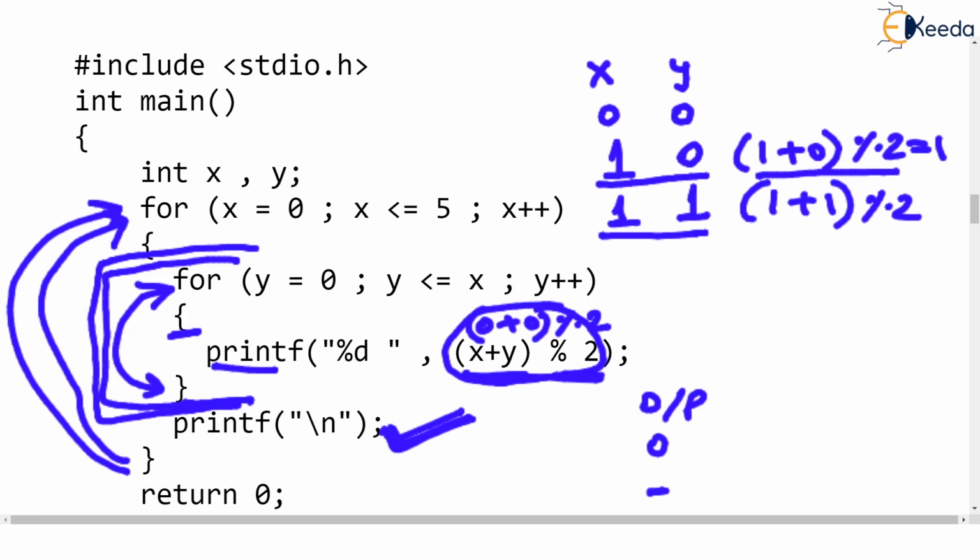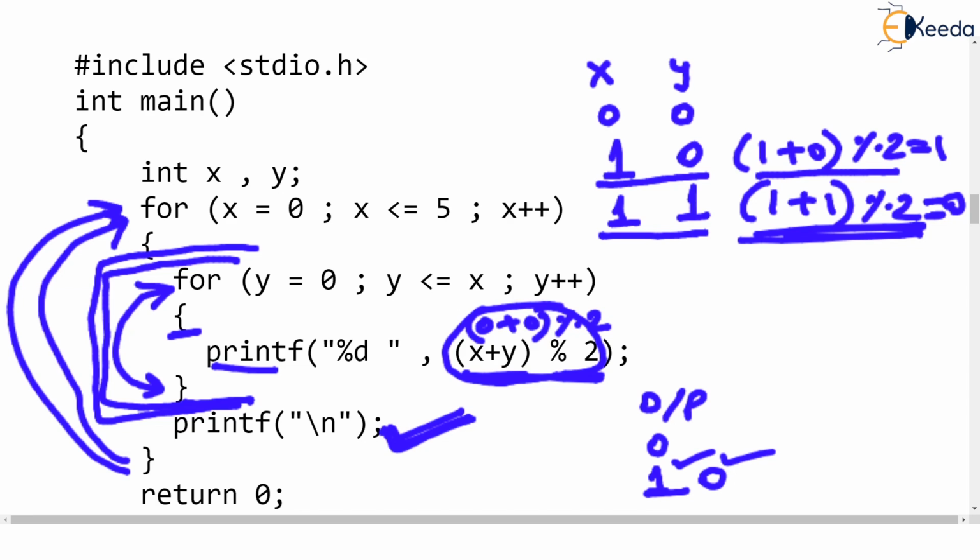So 1 will get printed. And this is (1 plus 1) % 2, which is 2 % 2. 2 % 2 is 0. So 0 will get printed. Just check that. This work of printing 1 and 0 is done by the inner for loop, because the inner for loop varies y from 0 to x, and for each value it prints (x plus y) percent 2.